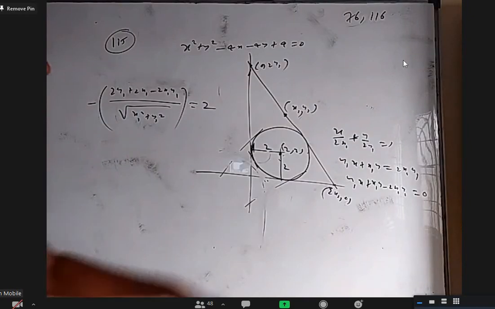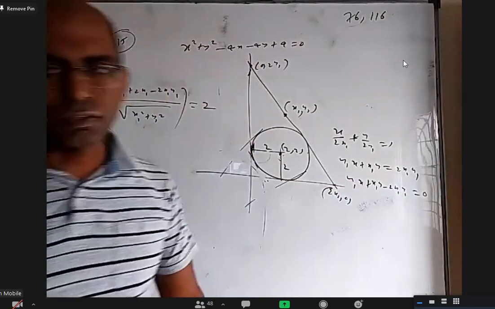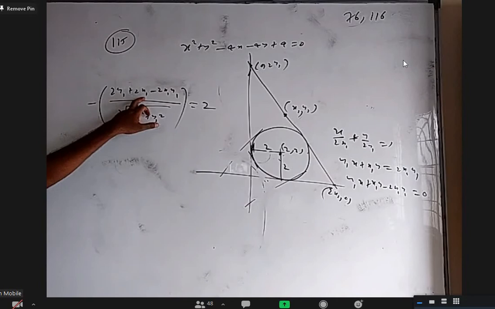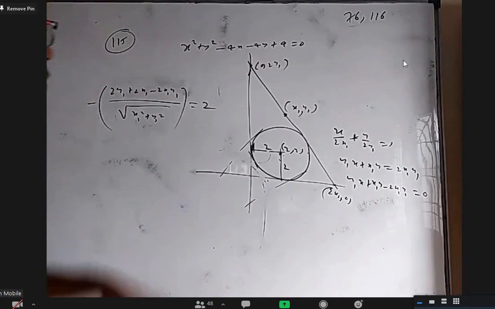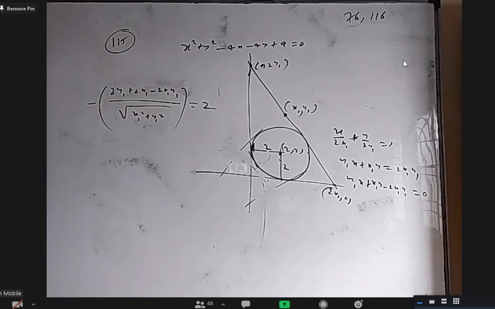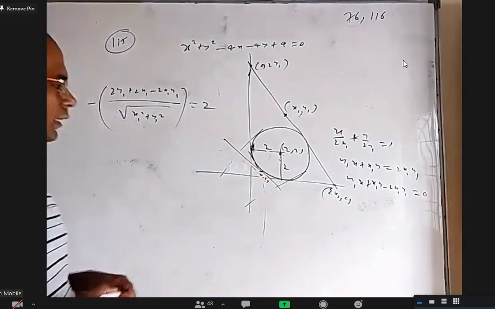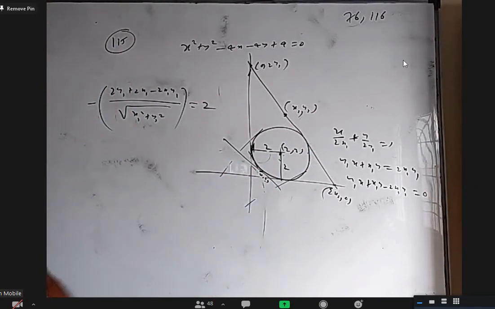Negative number. When I put 2 comma 2 here, what will I get? Negative number. When I substitute 2 comma 2, which is 2x1 plus 2y1 minus 2x1y1, it is negative. But distance cannot be negative, so when I remove the mod, I get a minus. Is it clear? Whereas if I had taken x1, y1 here, with the same equation, 2 comma 2 would be on one side and the origin on the other side. Then I would have got the other locus.